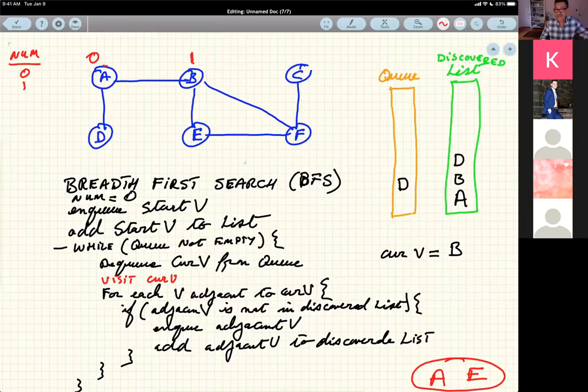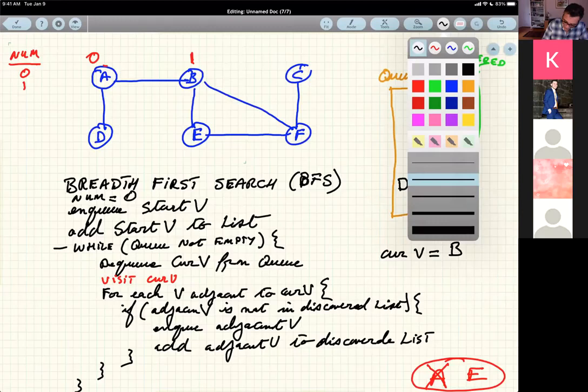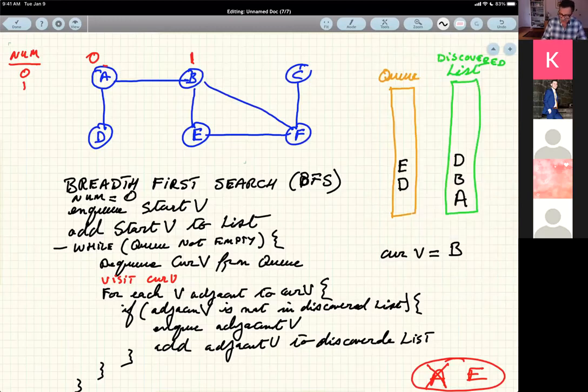It says, oh, A is in the discovered set, so I don't need to worry about it. I've already discovered that vertex. E, is that in the current discovered list? No, it's not. So I enqueue E over here, and I add E to the discovered list. Okay?